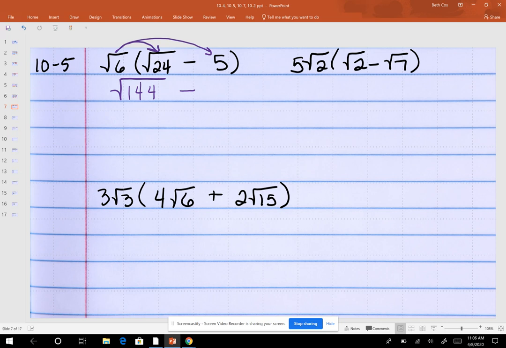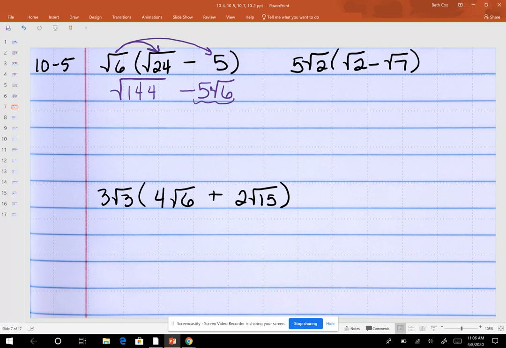Now, technically, I cannot multiply these. This is just 5 times the square root of 6. Remember, this is multiplication. It always has been. Whenever we've done this, it's always been the outside number times the radical. So now we're just doing that. We're having them separated and we write them together.